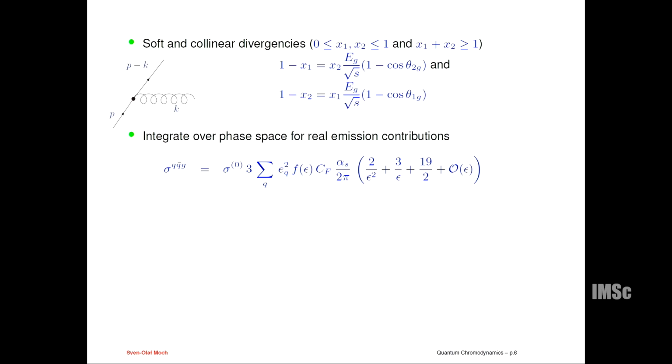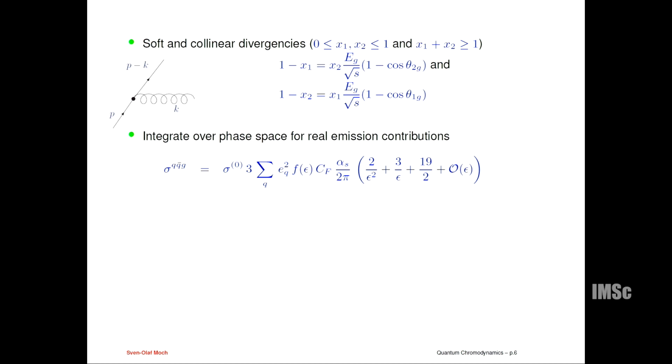Because if you go back, what we really have here is the emission of a gluon from a quark line, and then we are parameterizing the quark energy as x1.